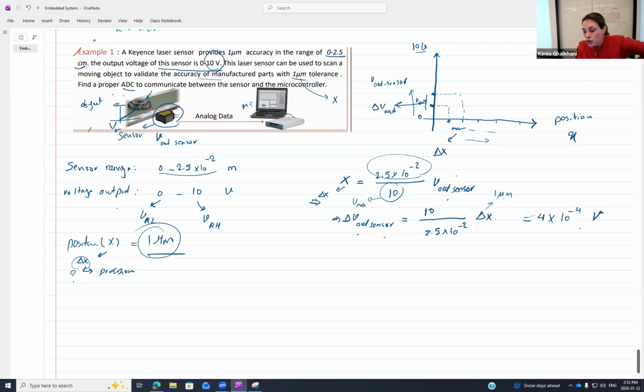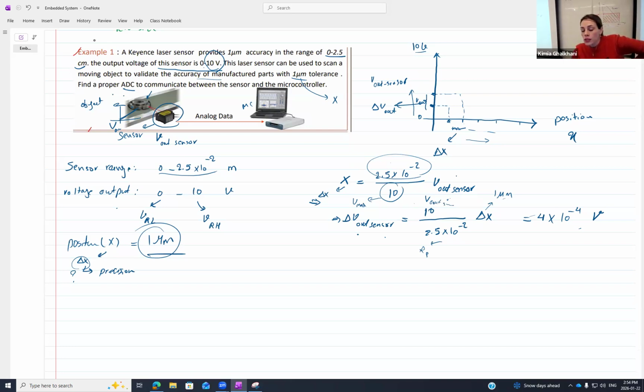So the output voltage of the sensor is your, look at here, this is your 10, the output voltage of the sensor. So if you don't know, this is the maximum output of the sensor. This is the resolution of the sensor. This is now an equation. If you want the equation, this is an equation.